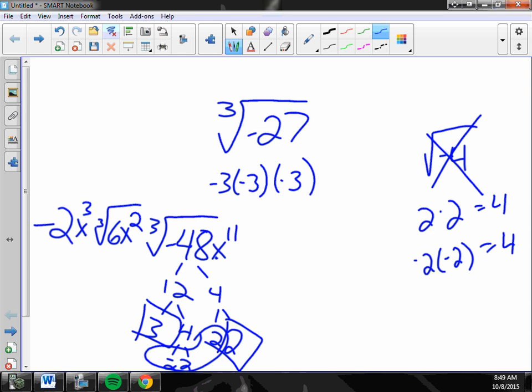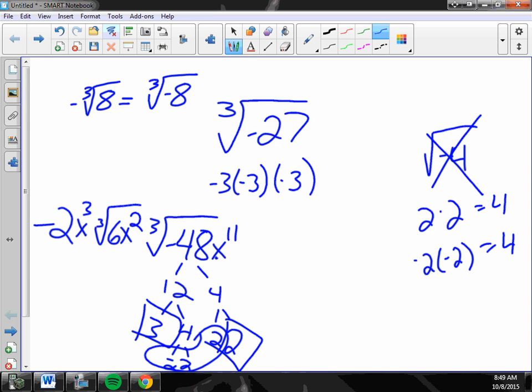So if the root is odd and there's a negative on the inside, just pull the negative to the outside. Right. And is it true that negative third root of 8 is equal to the third root of negative 8? Well, the third root of 8 is 2.